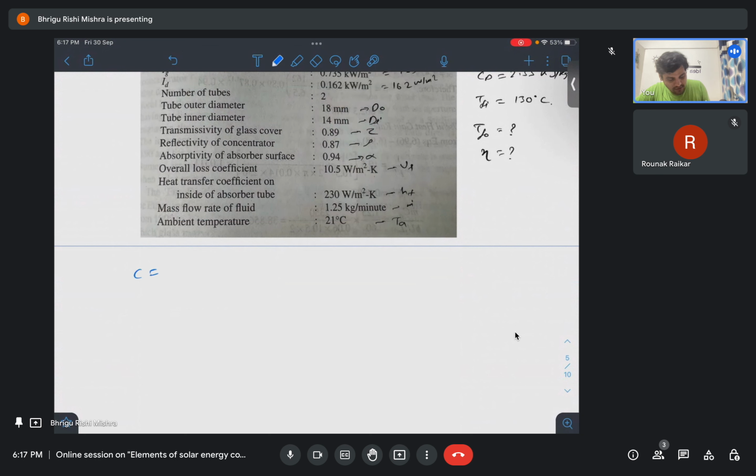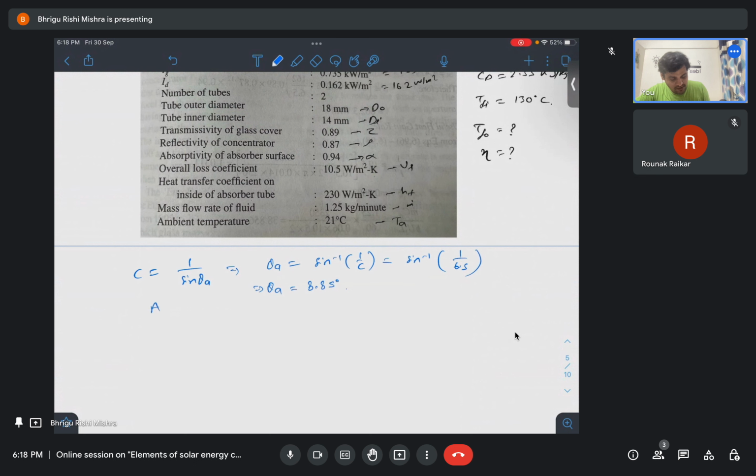C equals 1 by sin theta, and since we already know C, theta equals sine inverse of 1 by C, and this is 1 by 6.5. If you solve this, you will get theta A equals 8.85 degree.